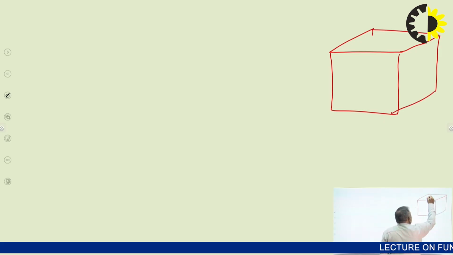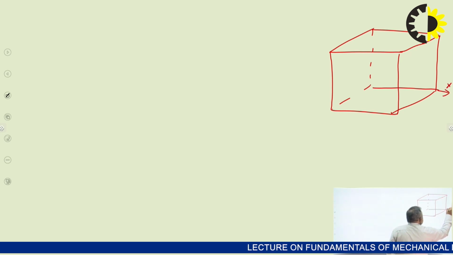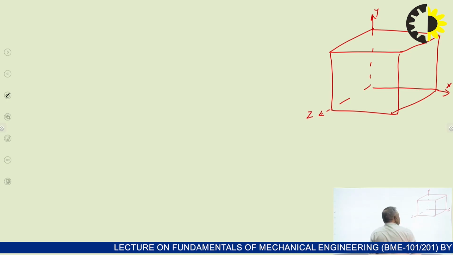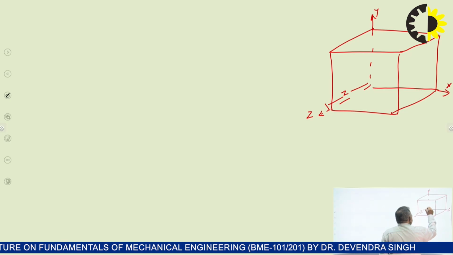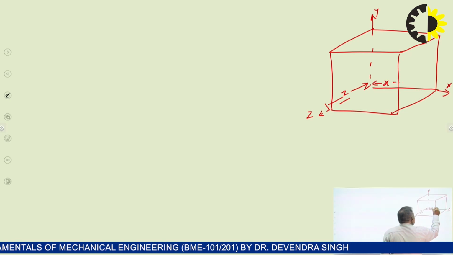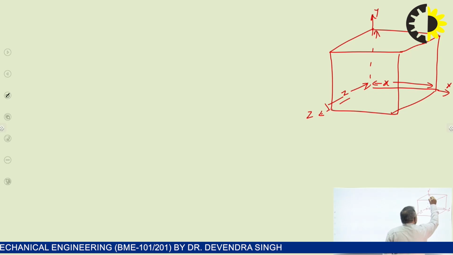This is a cube. This is x direction, this is y direction, this is z direction. So, the initial dimensions are x, y and z.